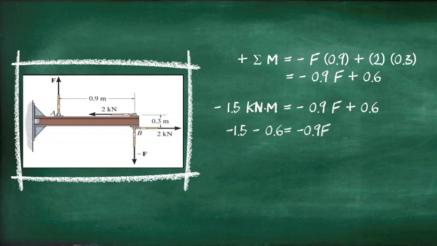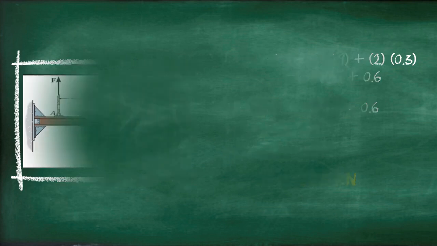This equates to negative 1.5 minus 0.6, which is equal to negative 0.9 F. Negative 2.1 divided by negative 0.9 is equal to F. Solving for the unknown force, we get F is equal to 2.33 kilonewtons.